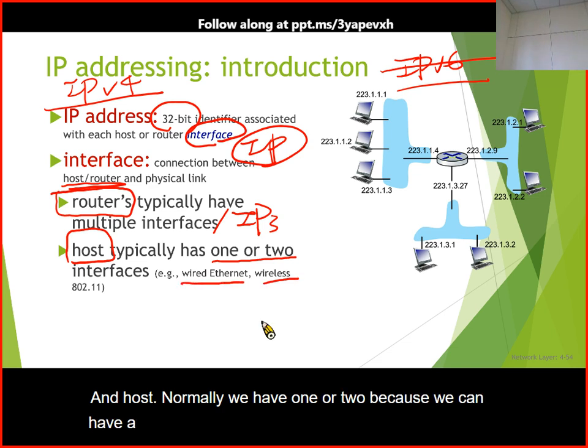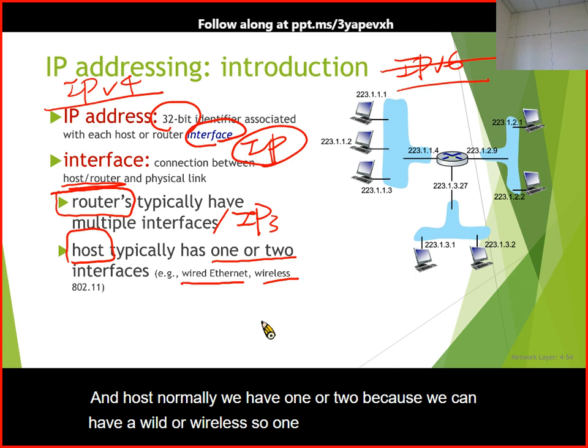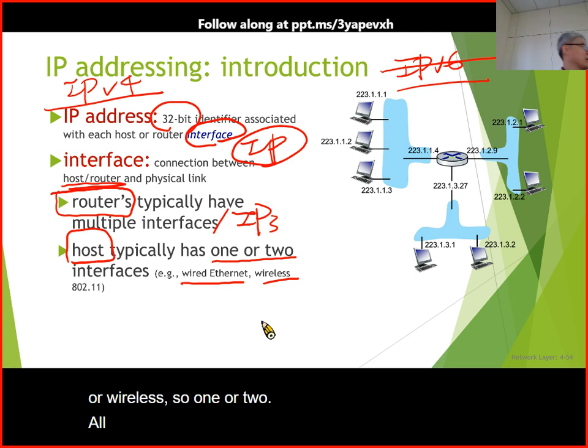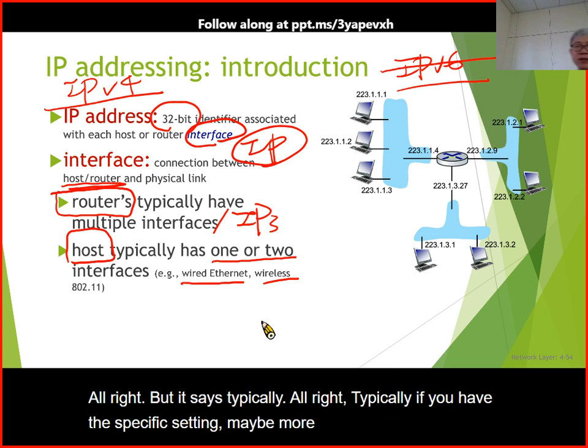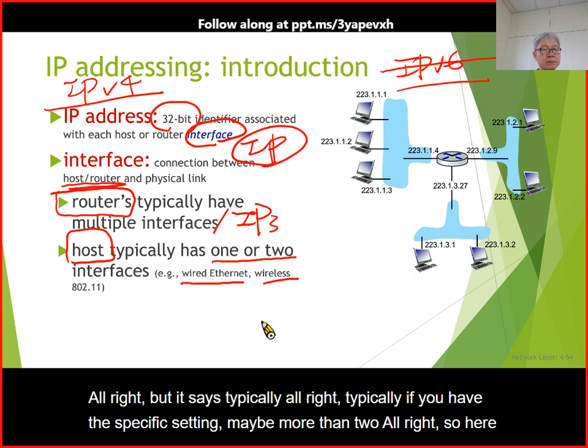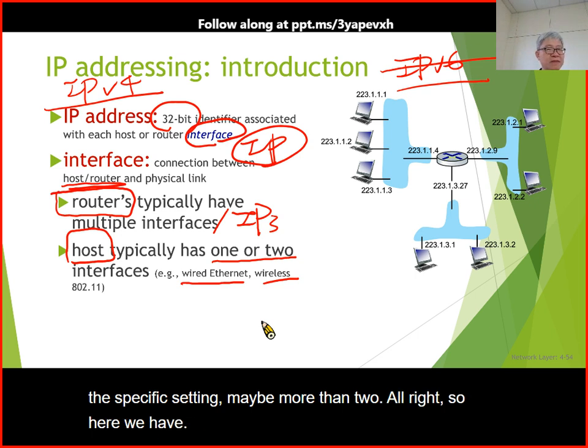So one or two, alright. But it says typically. If you have a specific setting, maybe more than two. Alright, so here we have one or two interfaces for the host.